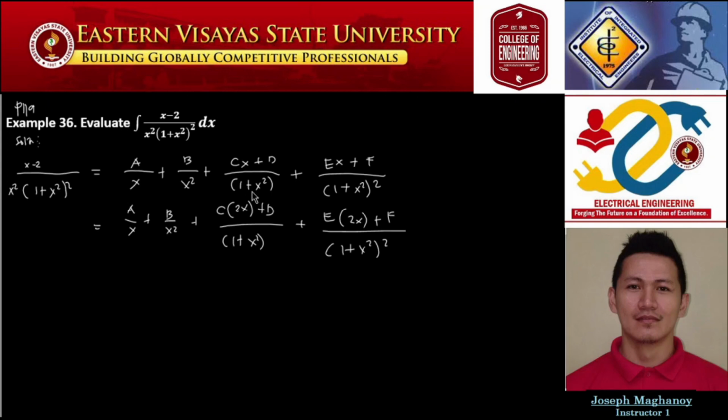Now we need to rewrite our equation. We need to multiply this partial fraction by the denominator. So x - 2 equals, and we multiply by x squared times (1 + x squared) squared.